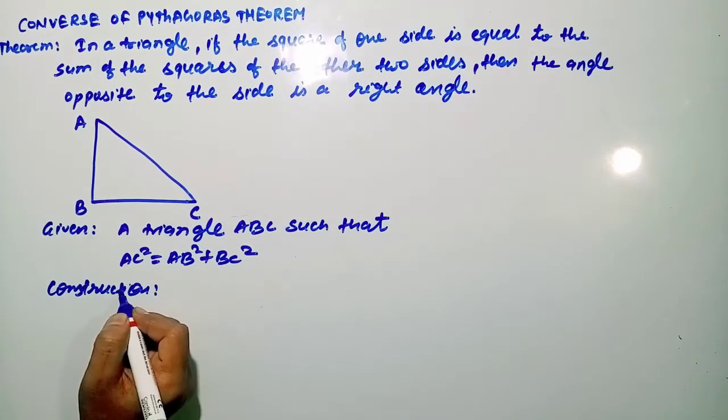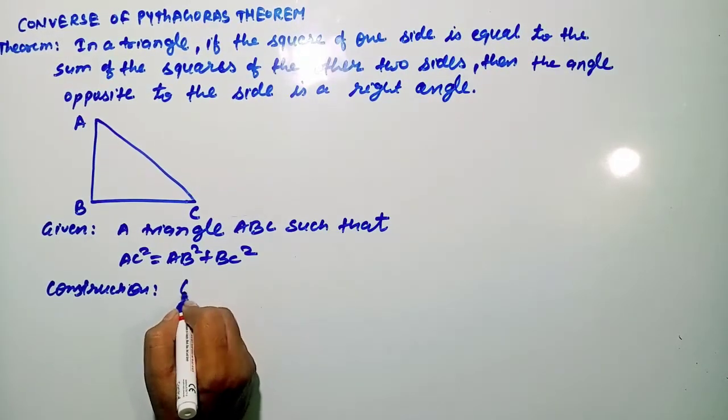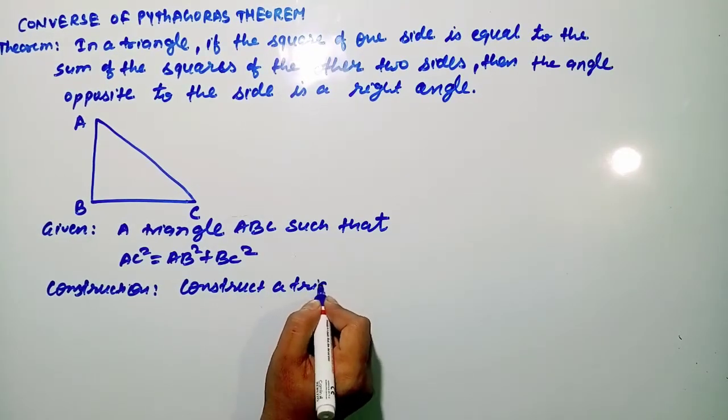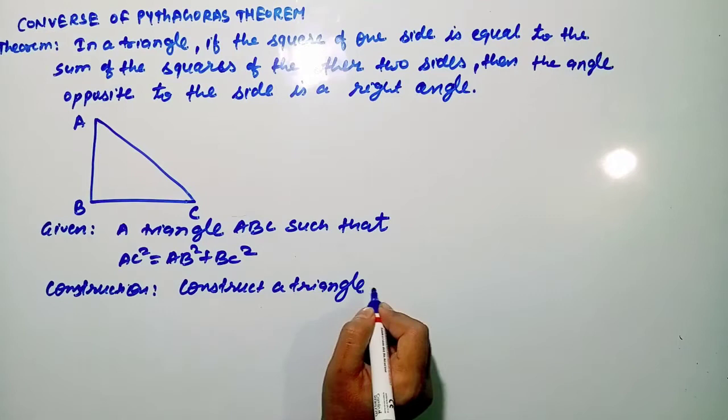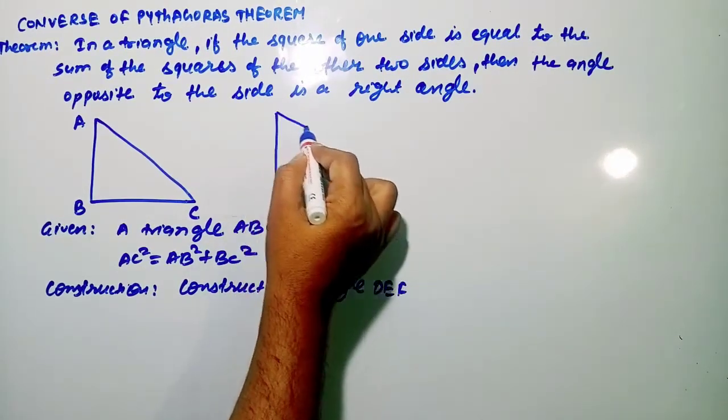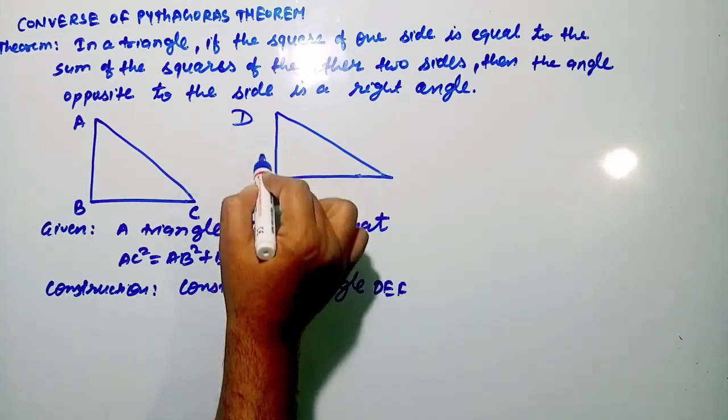So first of all, constructing a similar triangle to ABC. So constructing triangle DEF, right? This is just similar to ABC.